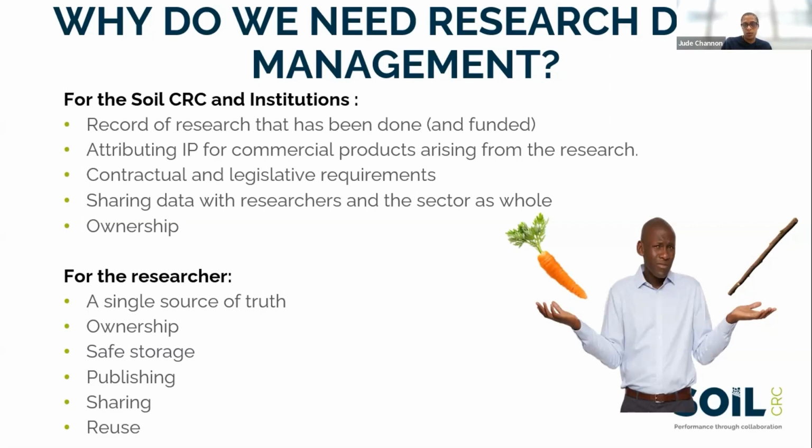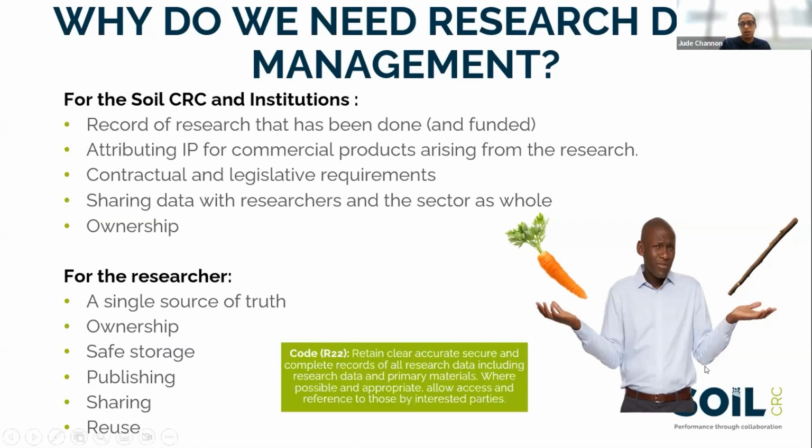Those are the carrots. But of course, one of the things that seems to be written in contracts all the time, but I think is kind of glossed over, is that every researcher in Australia, whether in an institution or an organisation, is bound by the Australian Code for the Responsible Conduct of Research. It's a government code, and that code expects you to do good research data management.